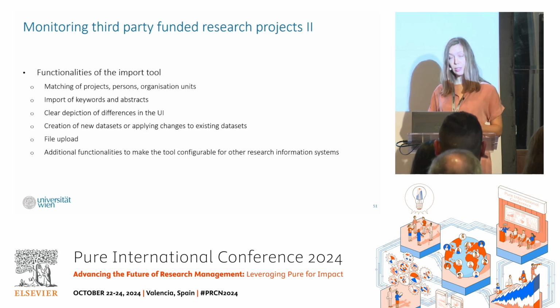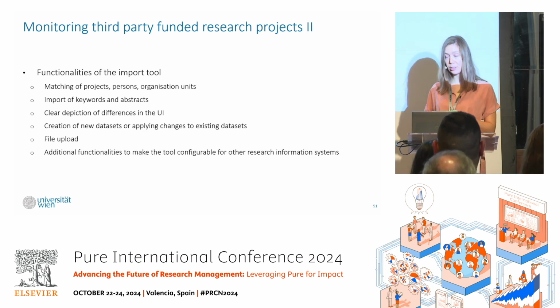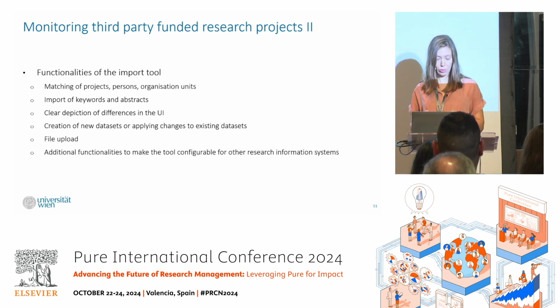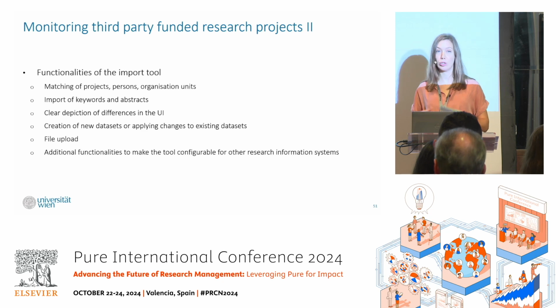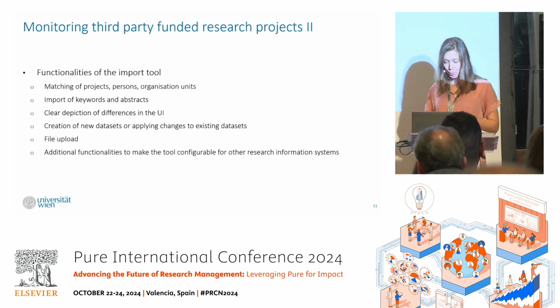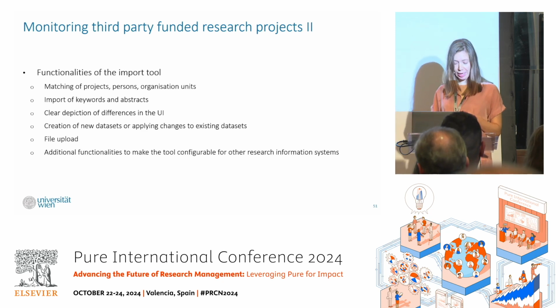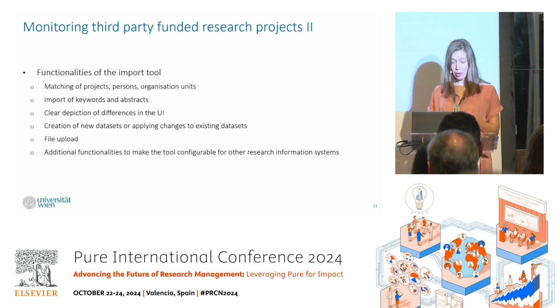And at this stage, the tool compares information on the people involved in the project and has to match it with the people in their own system. For this, it uses information like the ORCID or the email address or just the full name. And then the tool suggests the best match, highlighting also the match accuracy. And also the affiliation has to be matched, where the person is linked to.